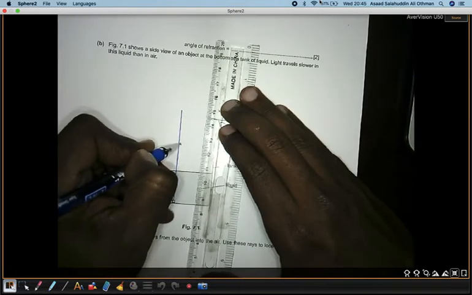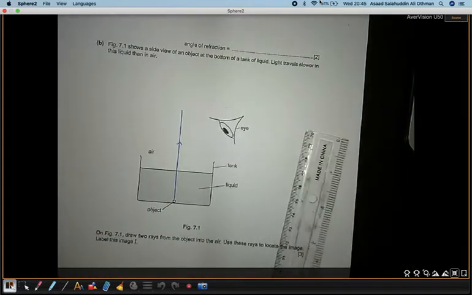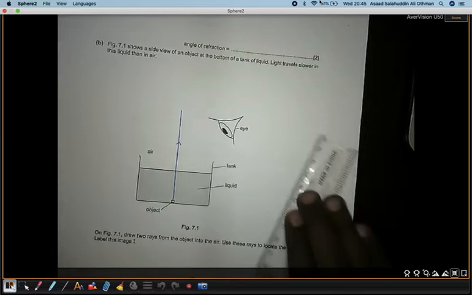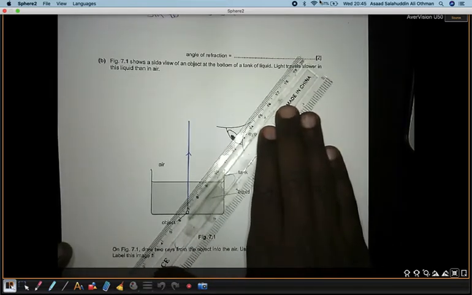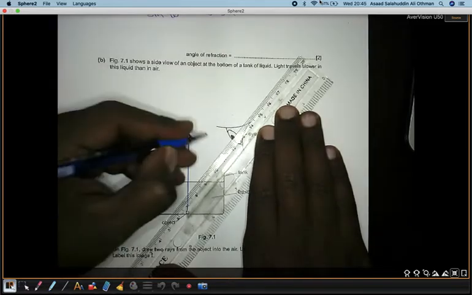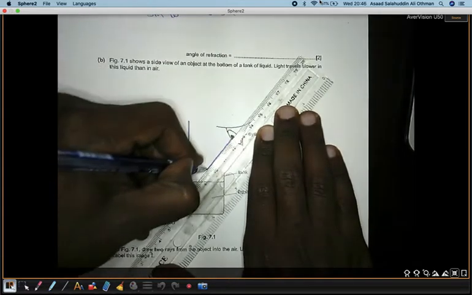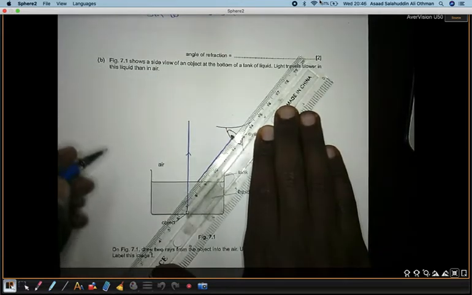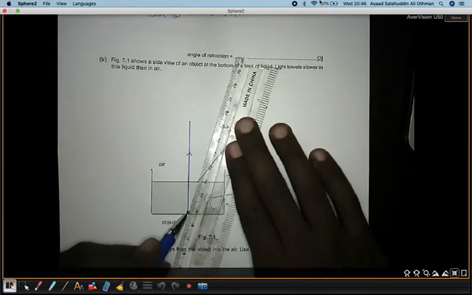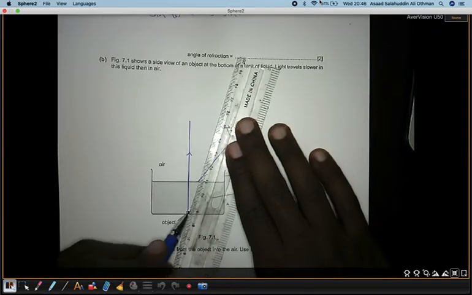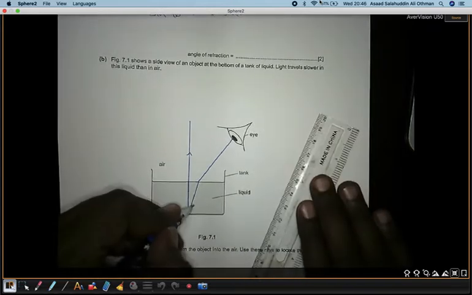The second ray goes from the eye directly to the water, but when it reaches the water, it bends.